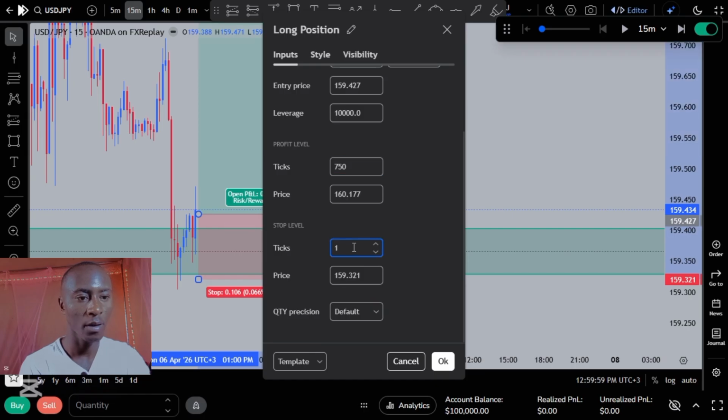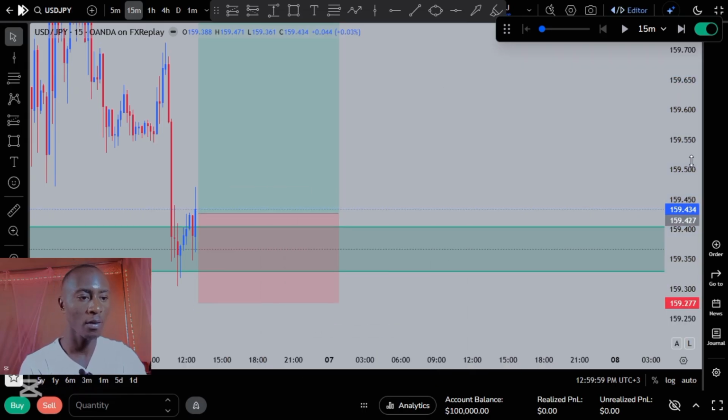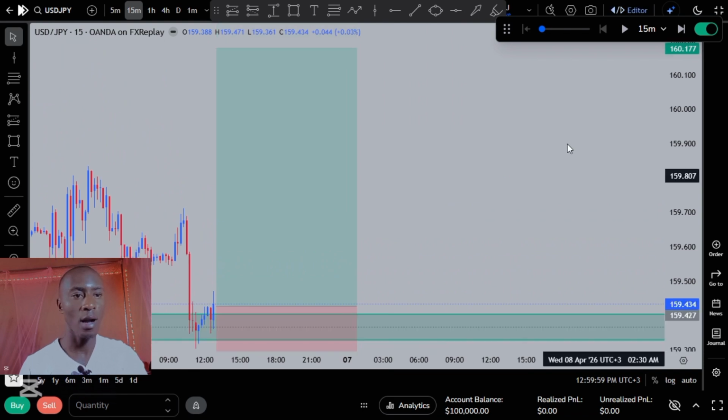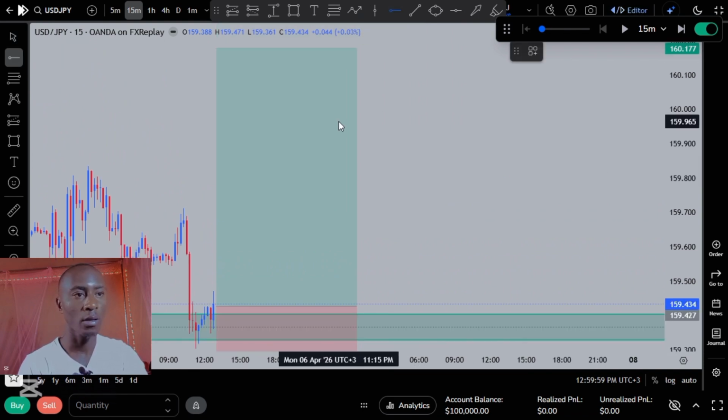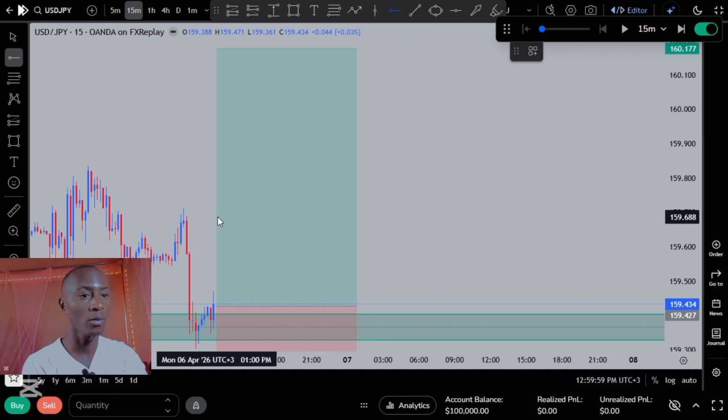which is 750 ticks. And then our stop loss level is about 15 pips, which is 150 ticks. Okay, and that's our setup. Then I'll set my mark for my break-even point, which is usually 20 pips for the 15 pips stop loss.